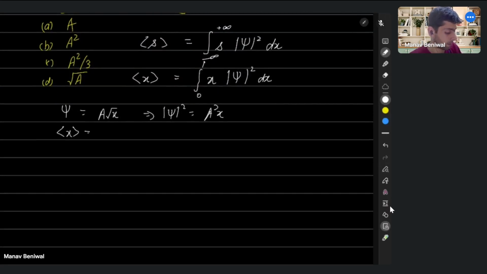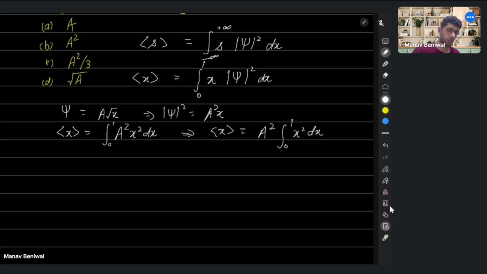Therefore, the expectation value of x will become the integral from 0 to 1 of a squared x squared dx, and taking a squared outside, we can write this as a squared times the integral from 0 to 1 of x squared dx.